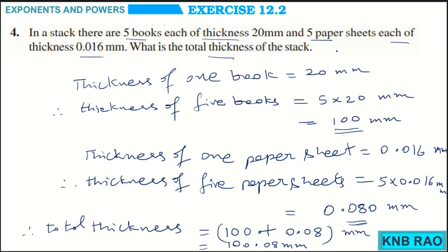If you want to write it in standard form, 1.0008 into 10 power. So, point I am shifting from here once, twice. So, 10 square will become the power of 10 is 2, and it will become the standard form of the answer. So, this is the answer, 1.0008 into 10 power 2 millimeter is the answer.